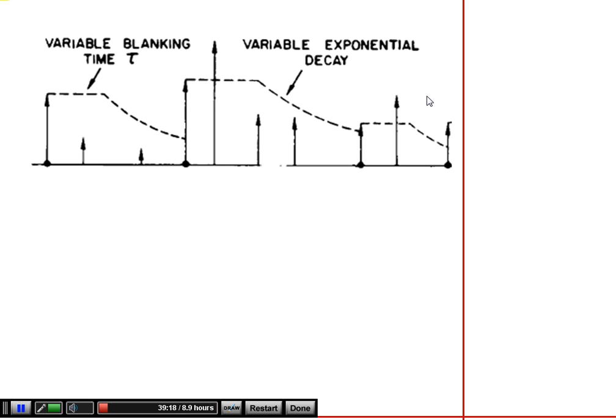If this is exactly equal to tau, clear? And if the amplitude is also exactly equal, then I just write an if statement because that's a very special case. And I say if that happens, I don't know what decision I will take, but let us say my decision is to go down, the exponential decay path, then I will do the exponential decay. Or if my decision is to continue with the blanking period, I will continue.